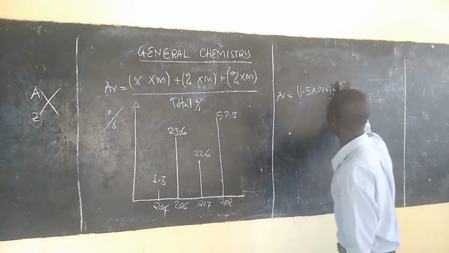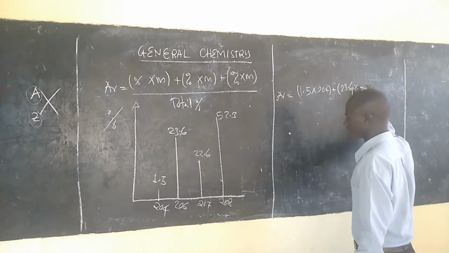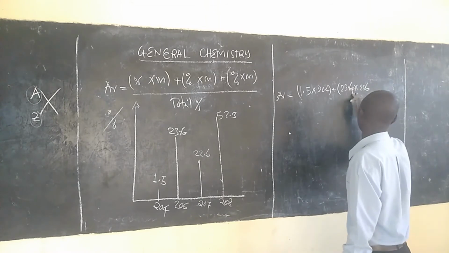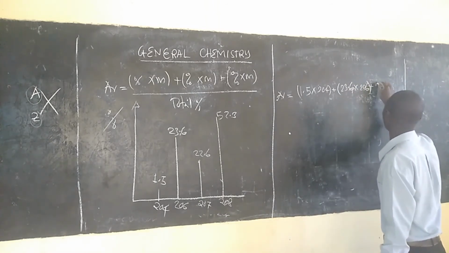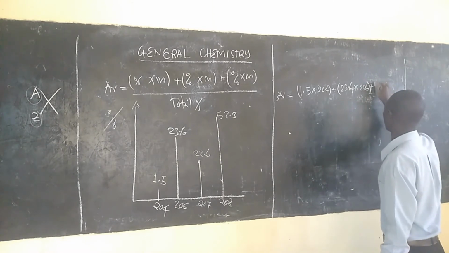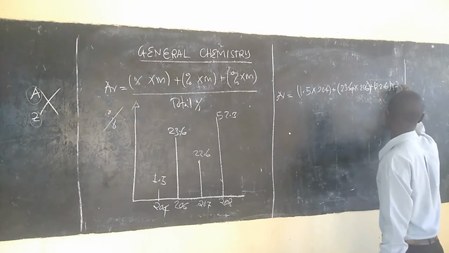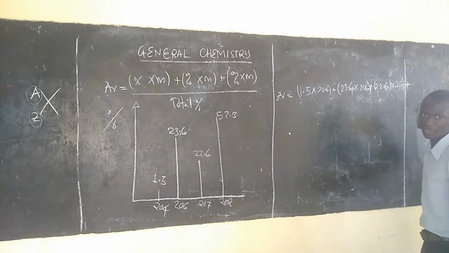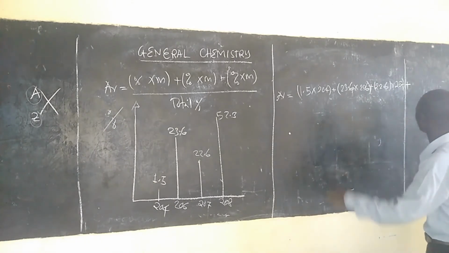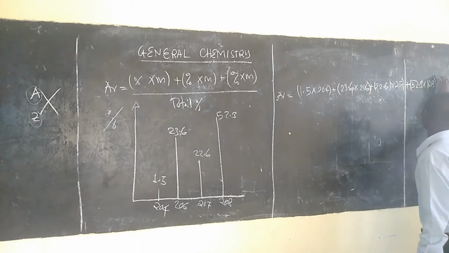Tutajumlisha percentage ya isotope ya pili ambayo ni 23.6 mara mass yake ambayo ni 206. Tutajumlisha percentage ya isotope ya tatu ambayo ni 22.6 mara mass yake ambayo ni 207. Then hapa tutajumlisha percentage ya isotope wa mwisho ambayo ni 52.3 times mass yake ambayo ni 208.